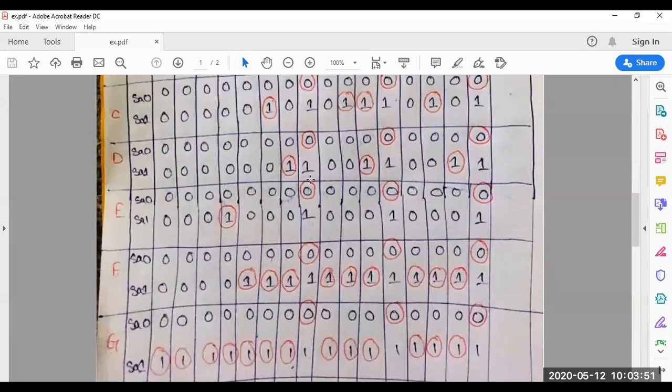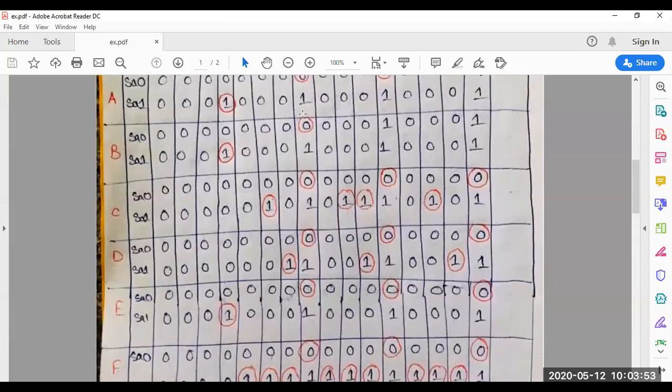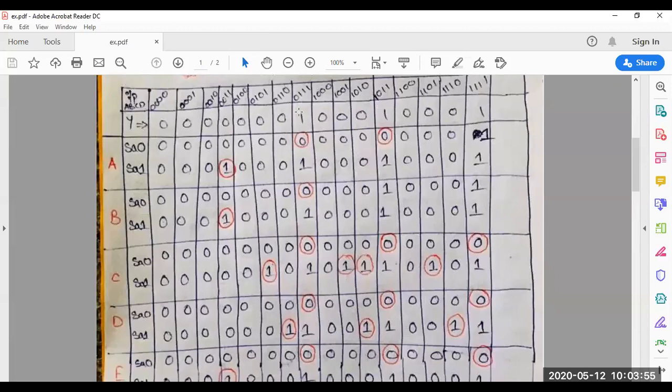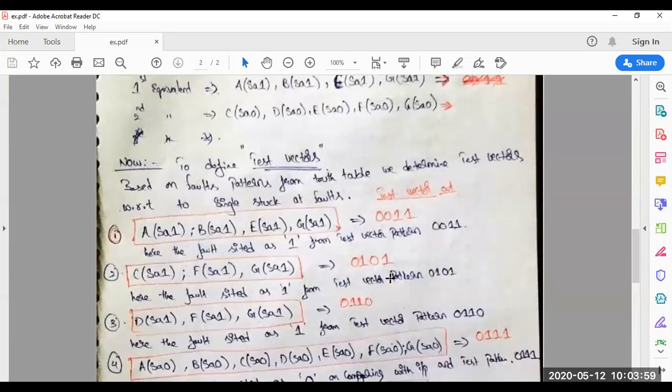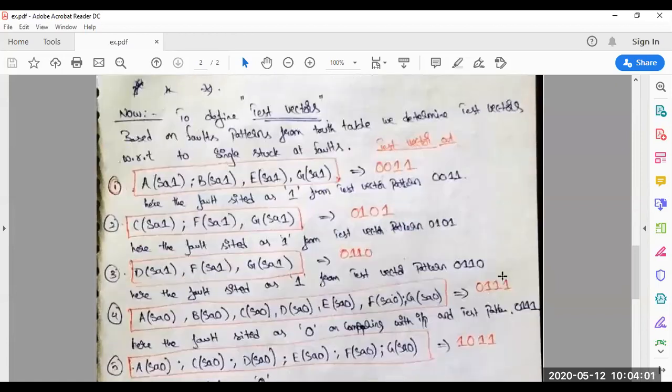So in all these cases the faulty value is 0 and the test pattern is 0, 1, 1, 1. Comparing with the test pattern input, the faulty value is set to 0.